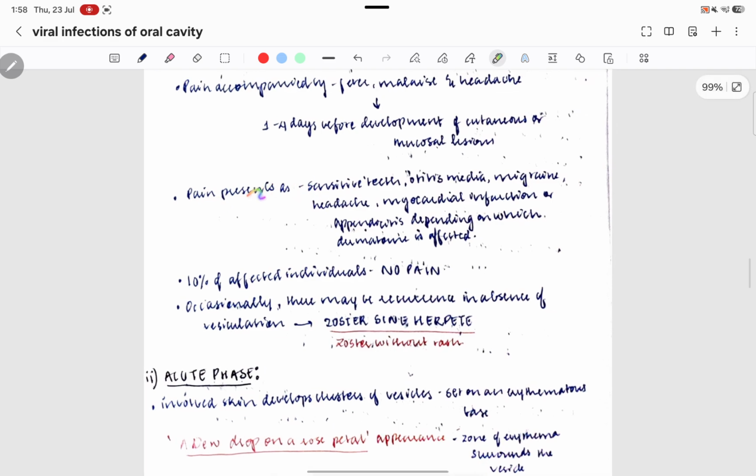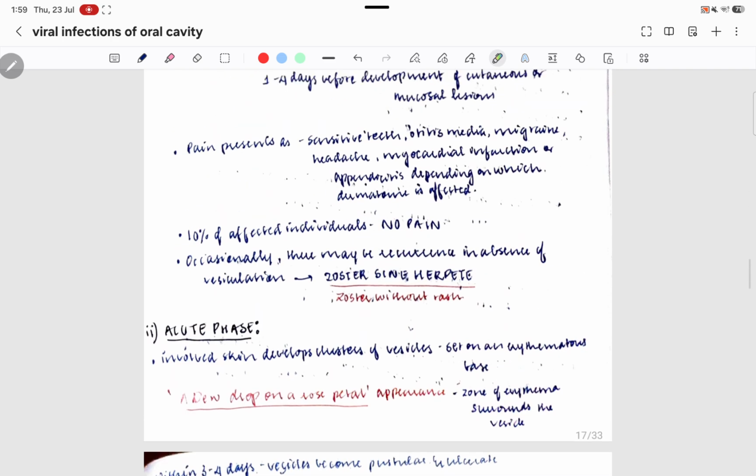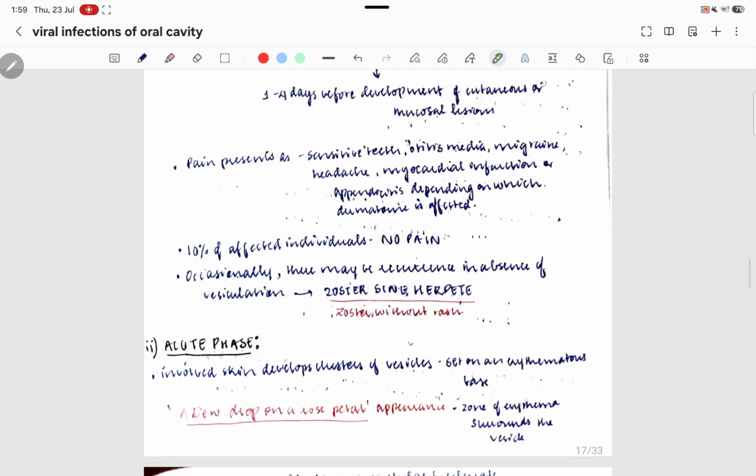Now we are going to describe the pain. The pain can present as sensitive teeth, then otitis media, migraines, myocardial infarctions, appendicitis, depending on which dermatome is affected. So basically depending on which area is affected, the clinical manifestations change.